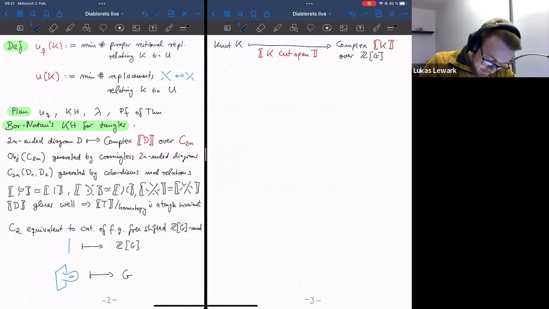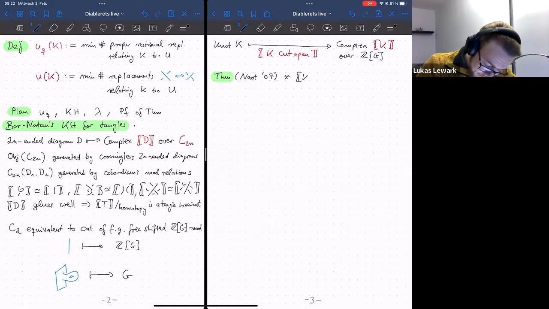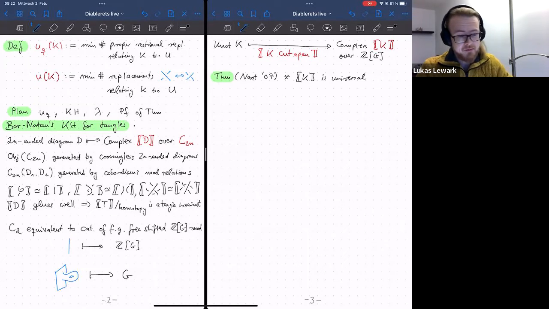And there's a theorem which is, I think, by Naot, a student of Bar-Natan, from '07, which tells you that this way of constructing a Khovanov homology of K is universal. So that means that any other version of Khovanov homology you can construct is determined by this.